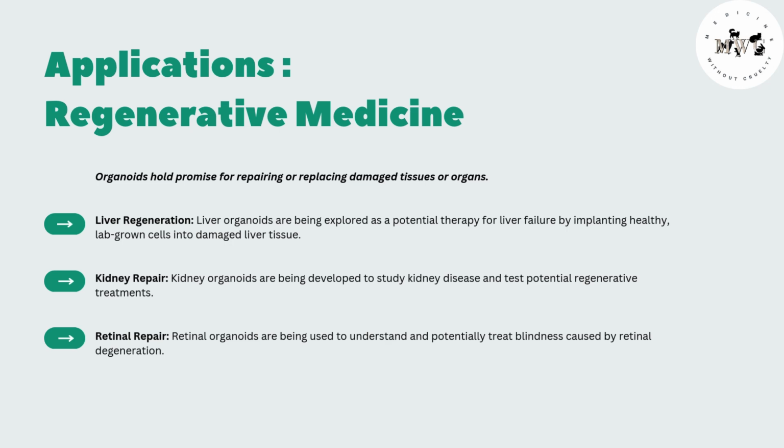And also retinal organoids, that's your retina in your eye. It can be used to understand and potentially treat blindness caused by retinal degeneration. And retinal degeneration, there are many different causes of that, both genetic and also environmental. And being able to repair your retina can potentially treat an individual's blindness.